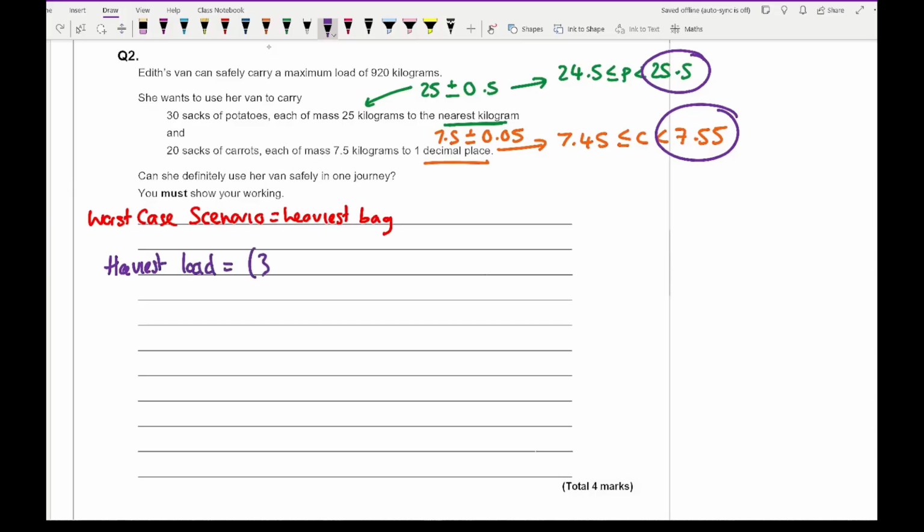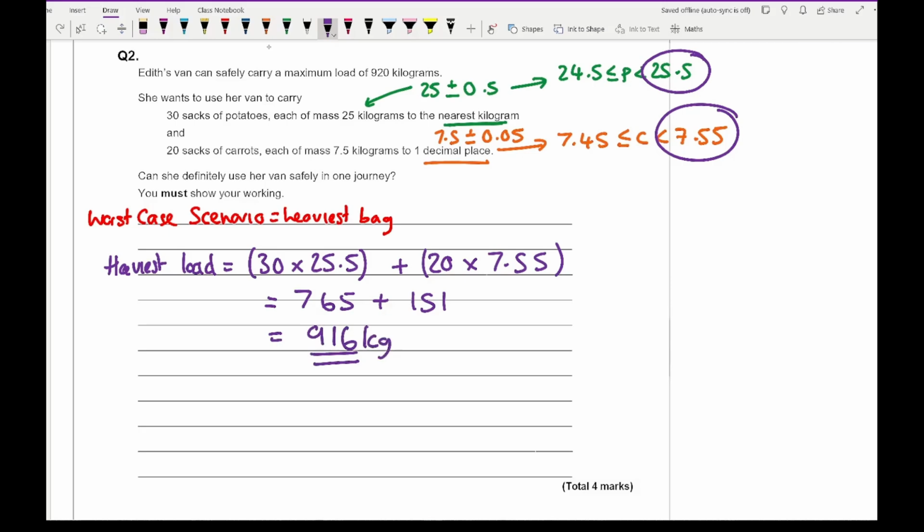So if I take the heaviest scenario, using 25.5 and 7.55, the heaviest load is going to be 30 sacks of potatoes weighing the maximum, which is 25.5, plus 20 sacks of 7.55. If I type that all into my calculator, I get an answer of 765 plus 151, which comes up to 916.